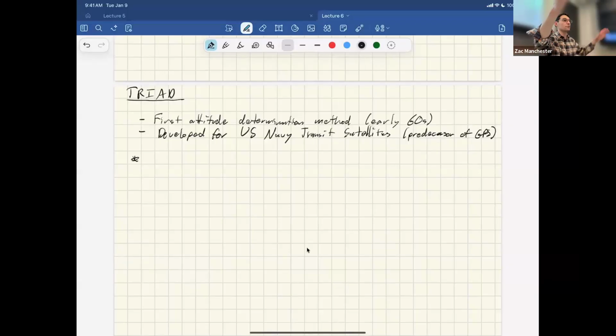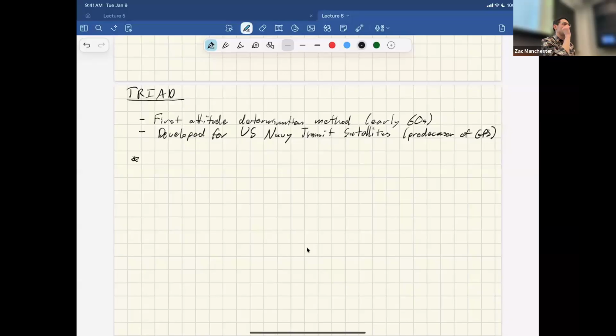It's the sun, the magnetic field, the nadir vector pointing down at the Earth, a vector to a star. So how many of those vectors do I need to figure out my attitude? What do we think? Is one enough? Why not? Why isn't one enough?